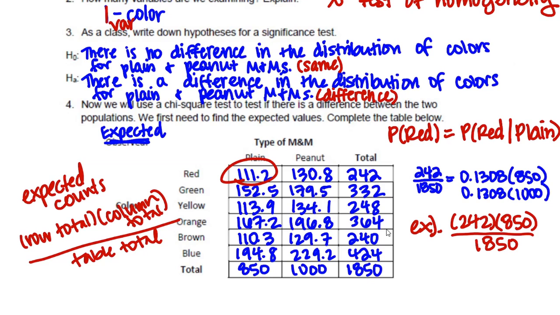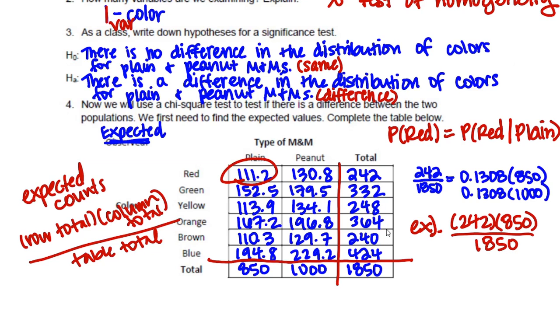So we did 242 over 1850 and then times 850. So same math, but now you can use this formula to get the answers instead of doing that logically. And one more time, I'm going to exclude the totals. They're not part of the actual table. So go ahead and make sure you know that these are our expected counts.